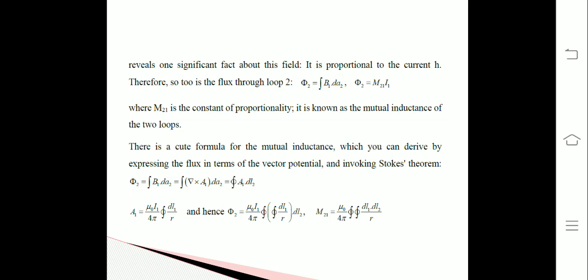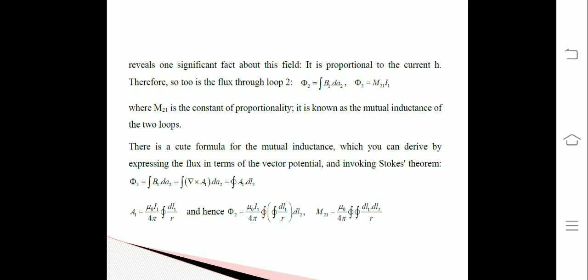A1 equals mu naught I1 by 4 pi closed integral dl1 by r, and hence phi 2 equals mu naught I1 by 4 pi double closed integral dl1 dot dl2 by r.